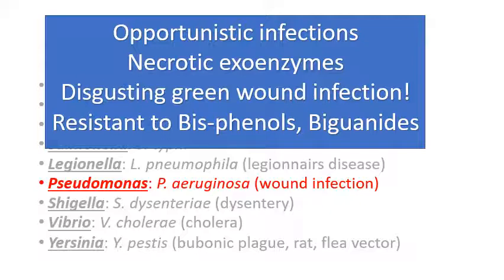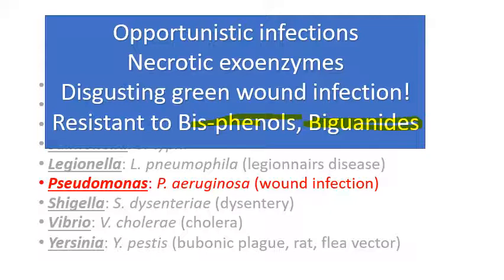And as I mentioned, one of the problems is that one of the cleaning agents that hospitals sometimes use are a group of compounds called bisphenols, and another group of chemicals called biguanides. Bisphenols and biguanides kill many different types of bacteria, with the exception of Pseudomonas aeruginosa, which actually likes it.